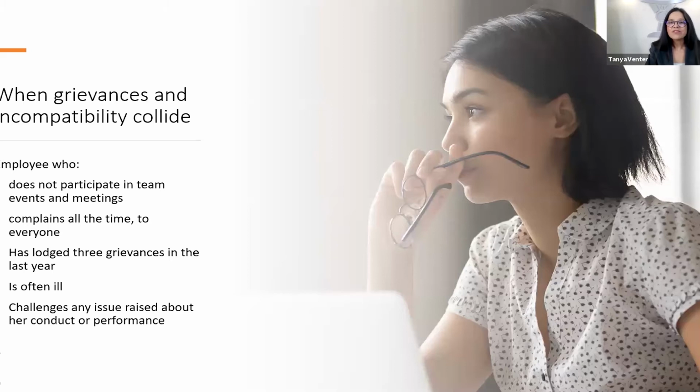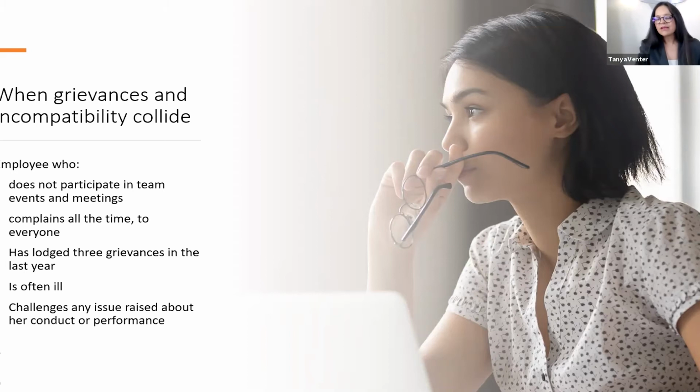Candace complains all the time to everyone. She's lodged 3 grievances in the last year, ranging over various issues. She's often ill, and she challenges any issues raised with her regarding her conduct or her performance.